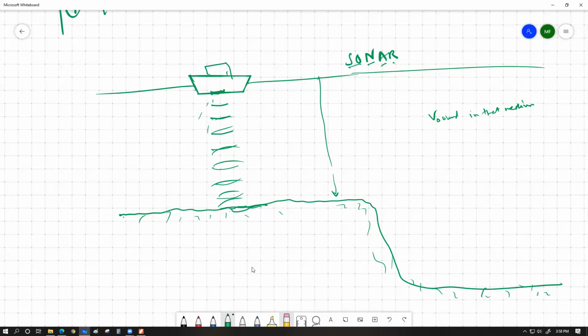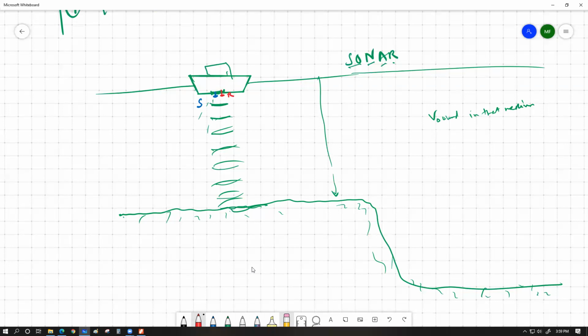I'll tell you why that is important. Now, one of the key parts: whenever this pulse is sent, let me consider that there are two different things over here. Let's say we have one sending mechanism of sound, so this is the source of the sound. And right beside this thing, let's say we have a microphone kind of object, called the receiver. So these two things are placed side by side.